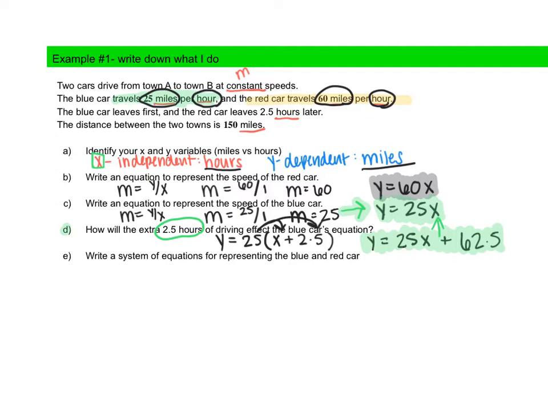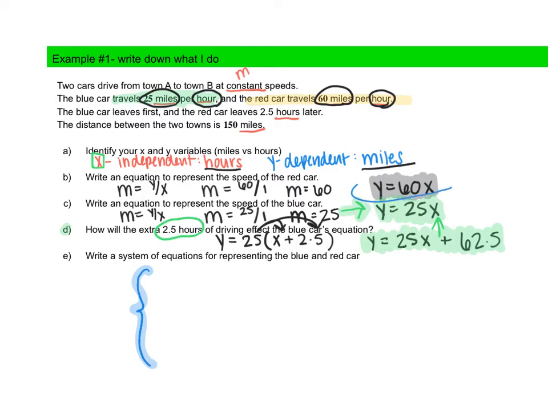Okay. The last part of this question asks us to write a system of equations for the red car and the blue car. Now, this might just seem like a different language to you, but this is how you write a system of equations. First, you make this bracket that I've made off to the left, and we're representing the blue car and the red car.